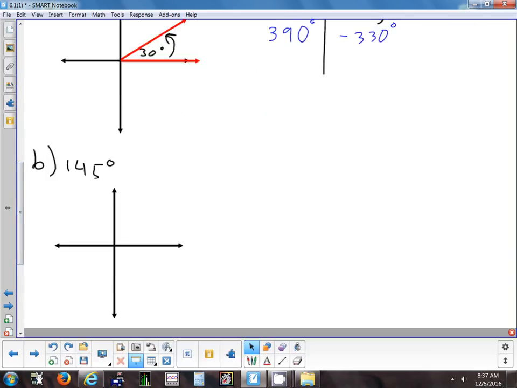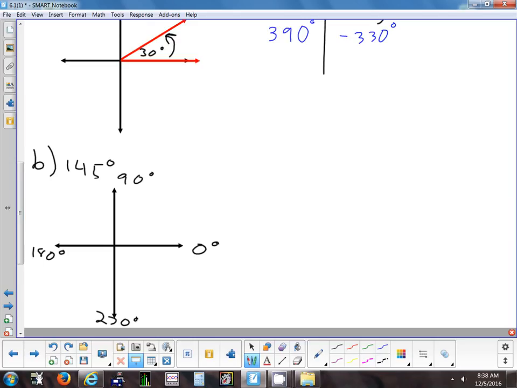All right, how about 145? What quadrant would the terminal side be in there? Yep, L. Yep, it would be in quadrant 2. So I'm just going to label these so we can see what we're doing. Now, would it be right in the middle? Should it be closer to 90, closer to 180?